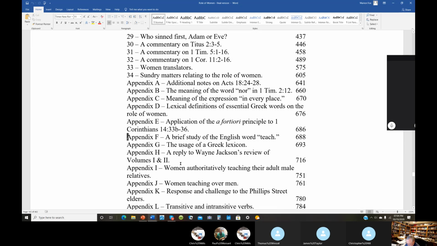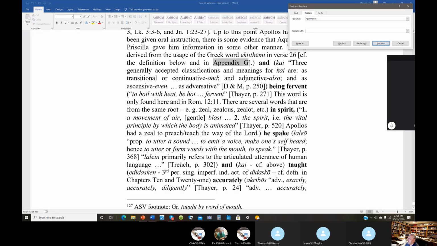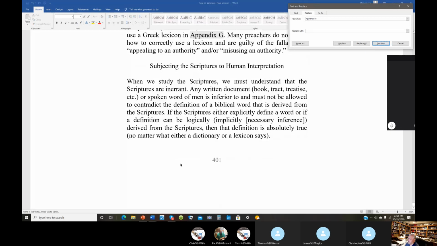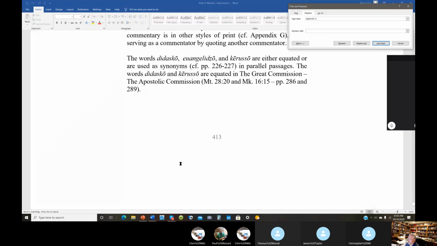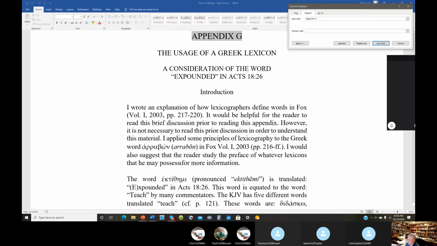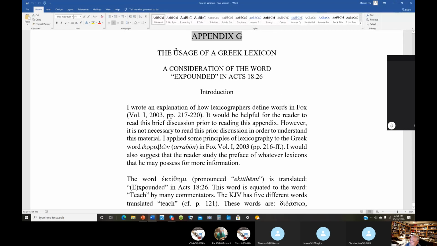Appendix G, my Role of Women book, Appendix G. Get to it in just a minute. There it is. What this does, I go through how to use a lexicon.